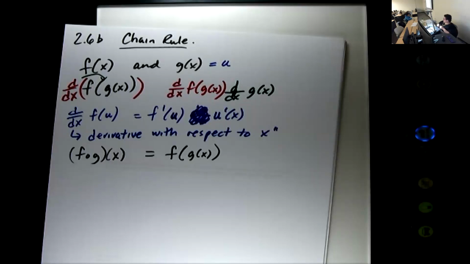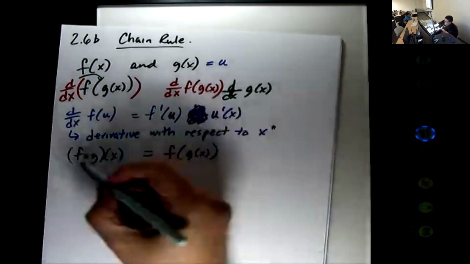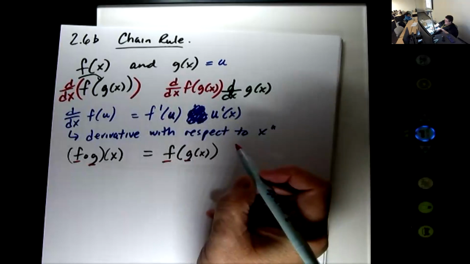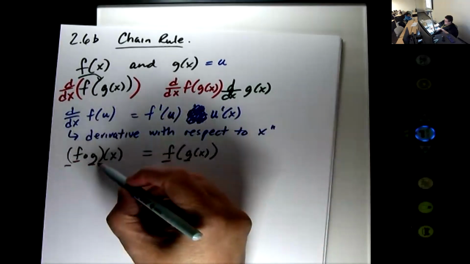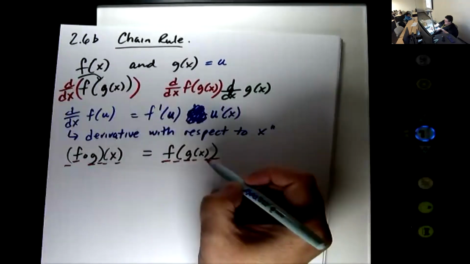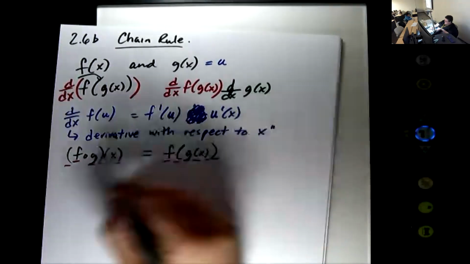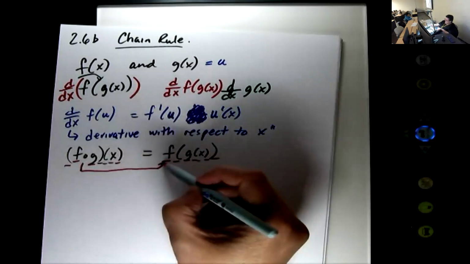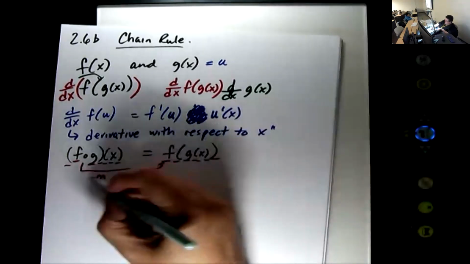How many characters are they actually saving by writing this? We have the f's, we have the g's, parentheses, inner parentheses, and then an x. Using f circle g actually takes more work. It's got one more character.